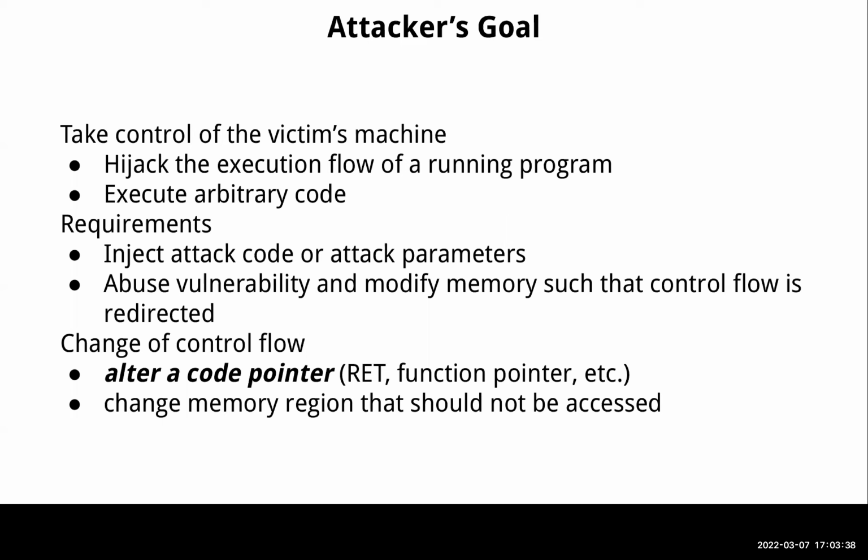To do that, usually the attacker needs to hijack the legit control flow or redirect the control flow to his own code, or his own shellcode. On our server, the shellcode usually just prints out the flag file.